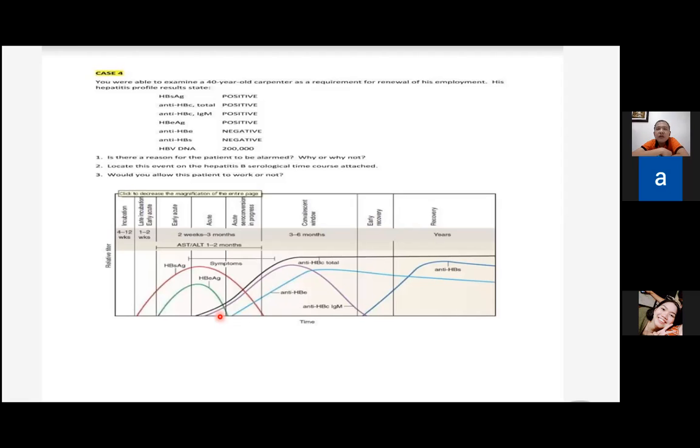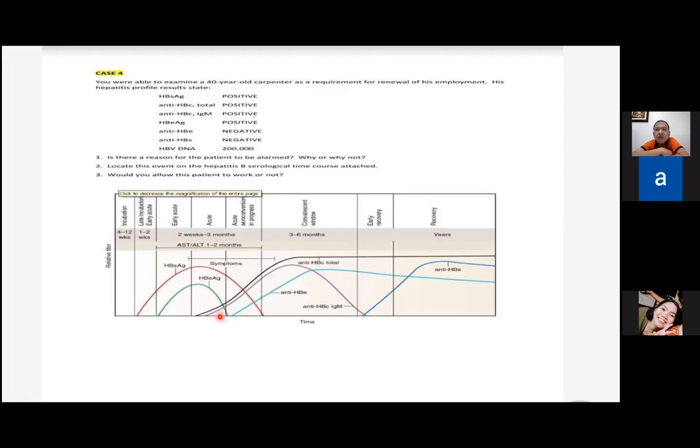remember the transmission for Hep B is through body fluids, no? Through sex, through vertical transmission, through blood. Okay, so any work that will deal with that.